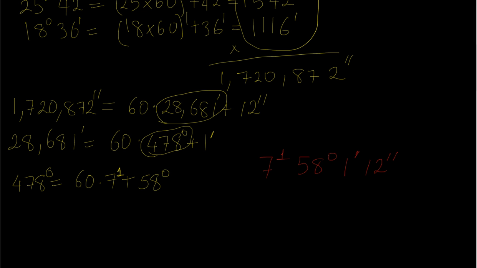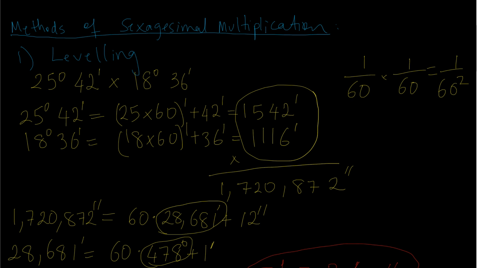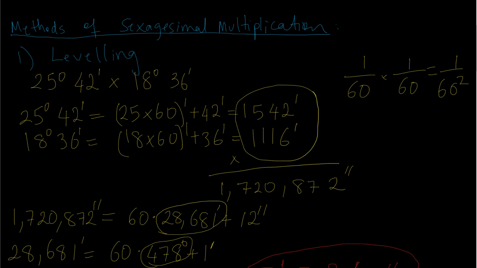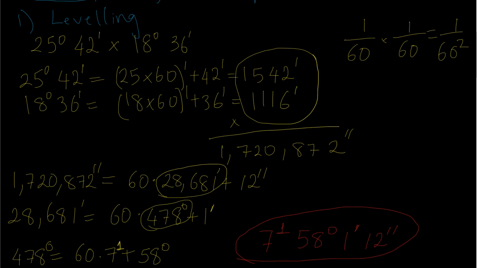Okay, so this is the result of this multiplication as a sexagesimal number, a properly written sexagesimal number. So that was the first method.